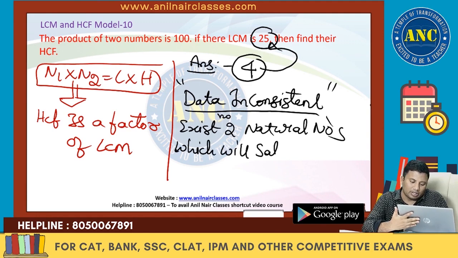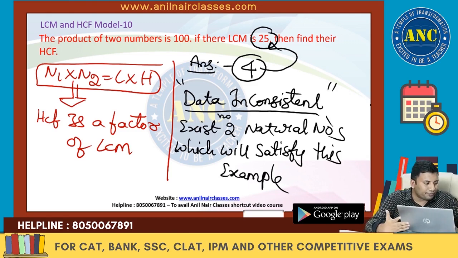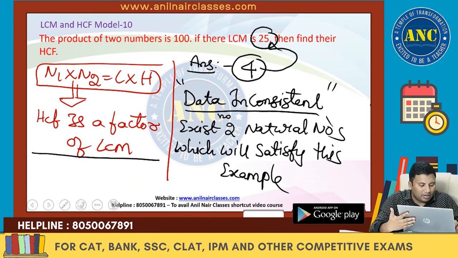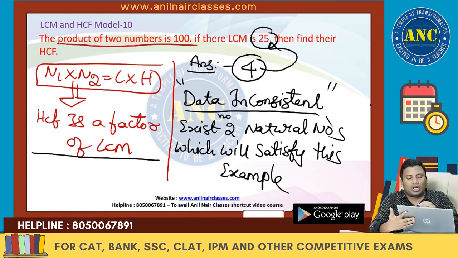Now see, why will it be data inconsistent? There cannot be two natural numbers whose product is 100 and LCM 25.